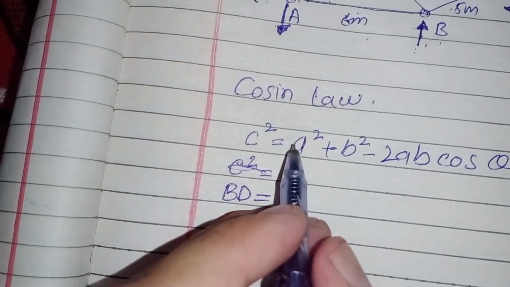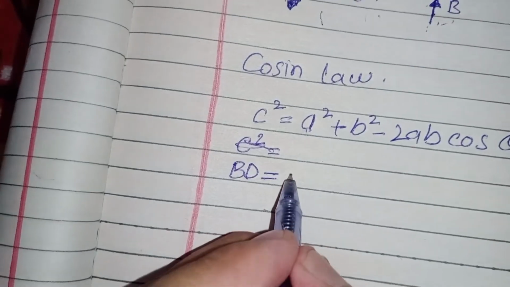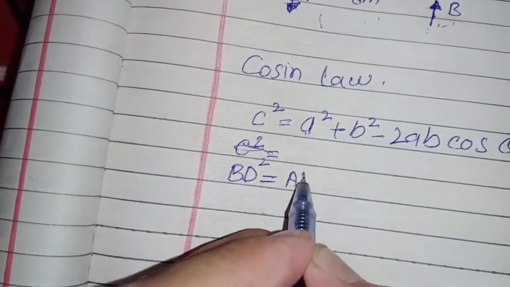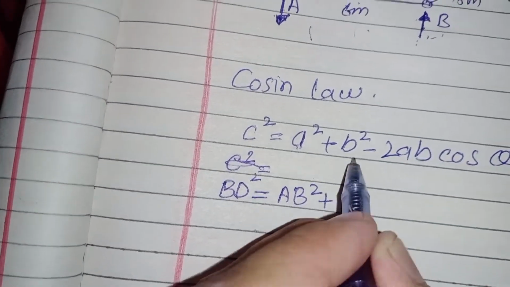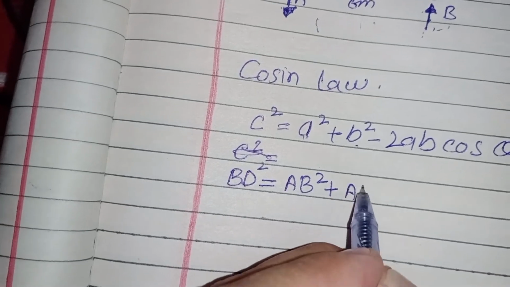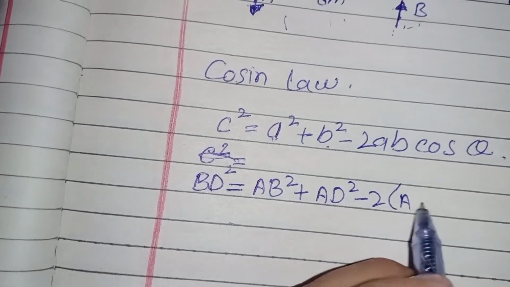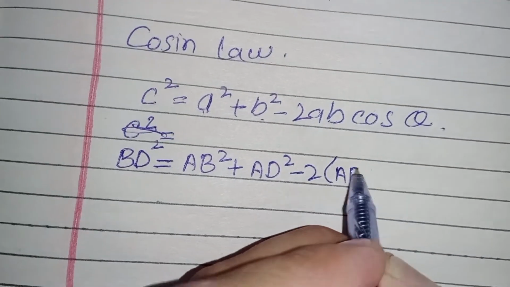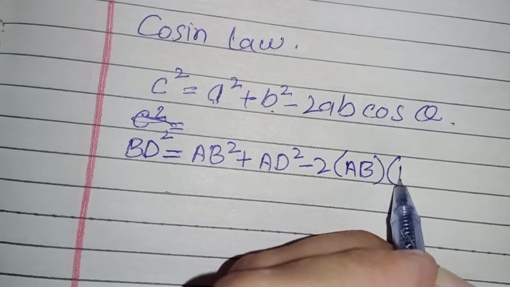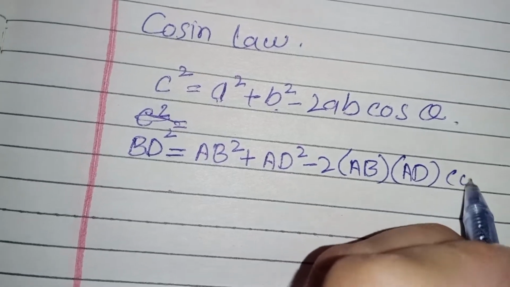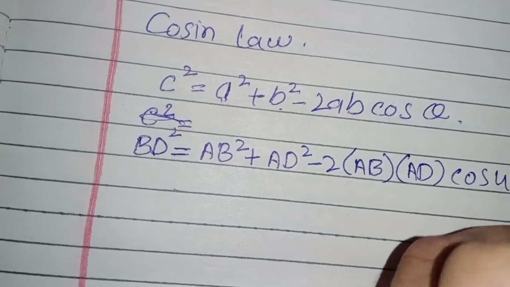BD square equals AB square plus AD square minus 2 into AB into AD cos 45.